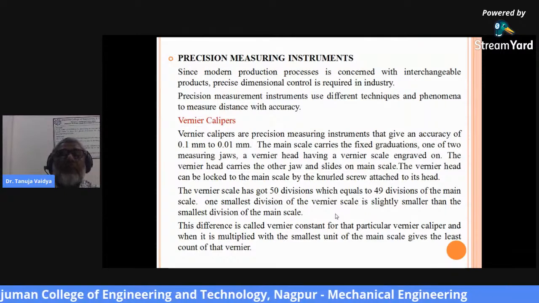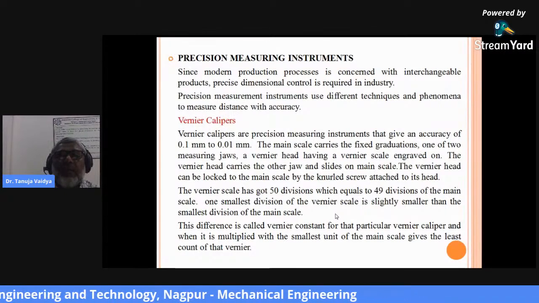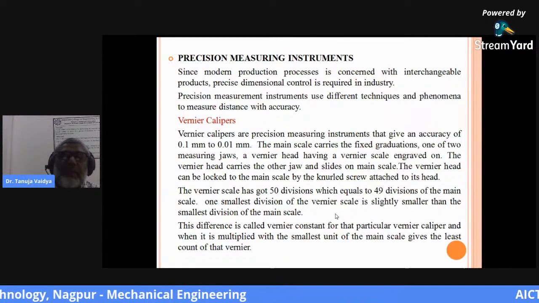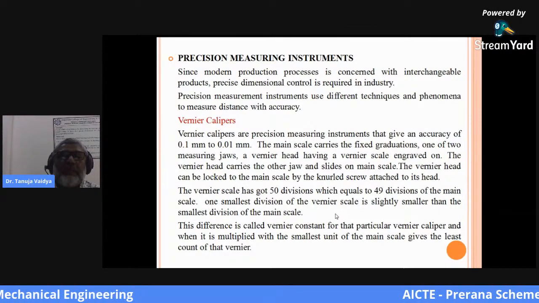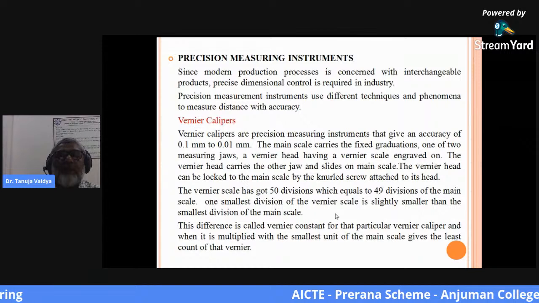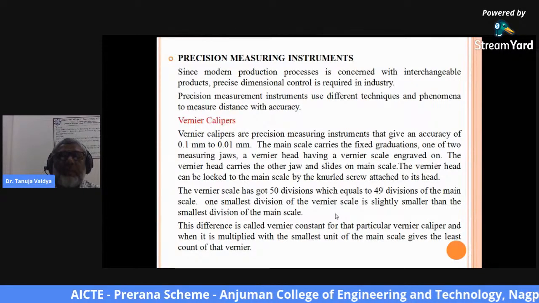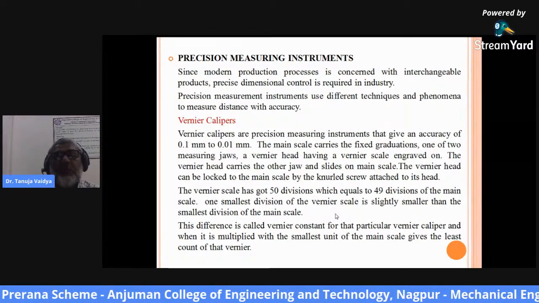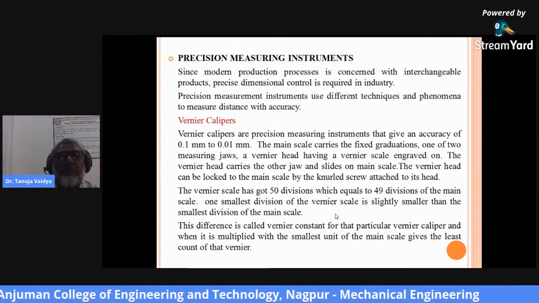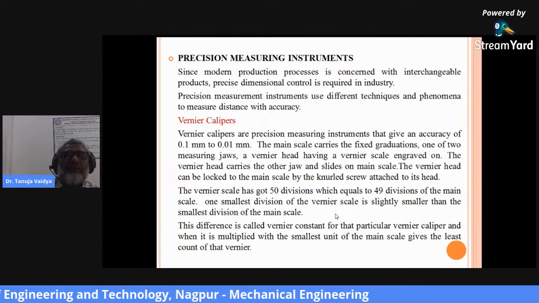Why? Because they give very accurate results within a very limited amount of time, and in this era of the interchangeability concept, vernier calipers are generally used to control the dimension within the specified limits.